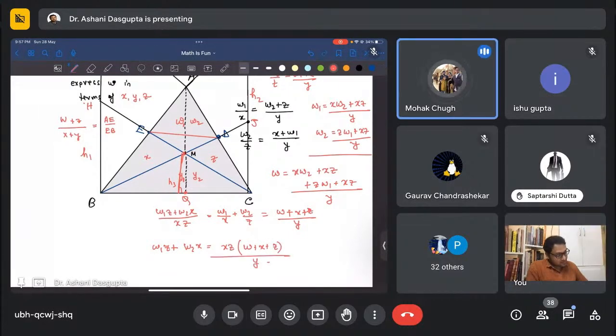Now this value of W1Z plus W2X, we can substitute in the value of W we got. Excellent, very good.